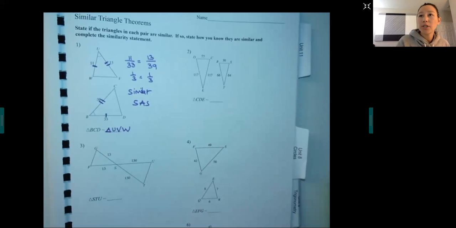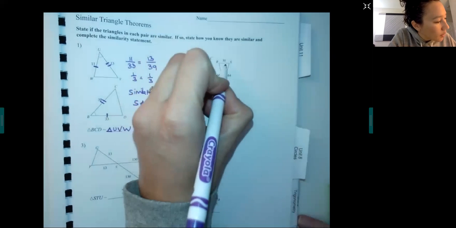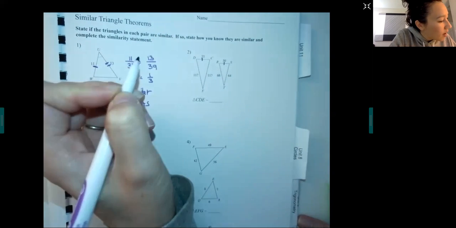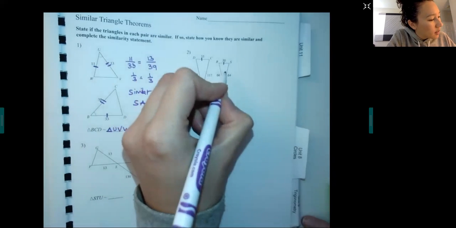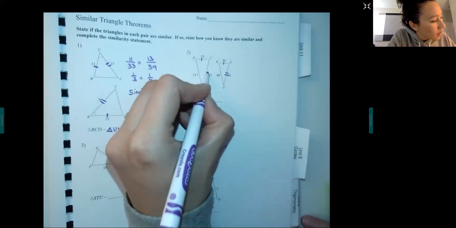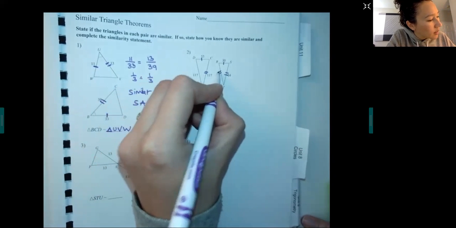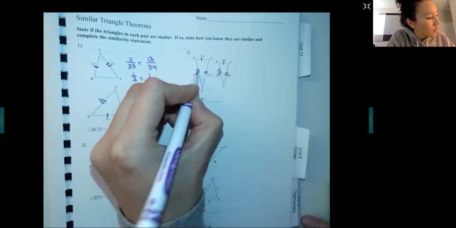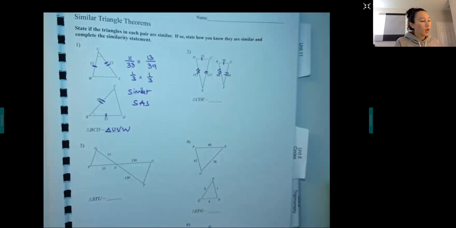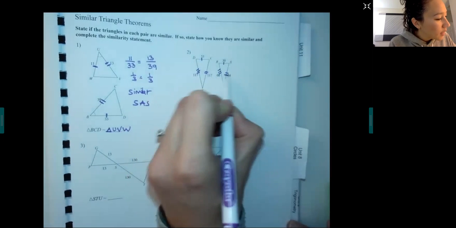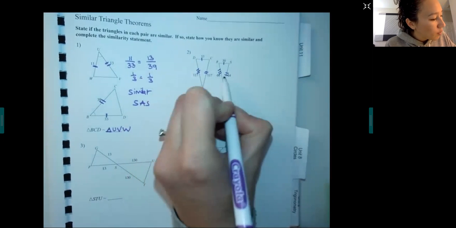Okay, let's look at number 2. Let's mark our corresponding sides. 30 corresponds to 55, and then 64 would correspond to this 117, and 66 would correspond to this 117. So right there, you can see that we're going to get different proportions, right?